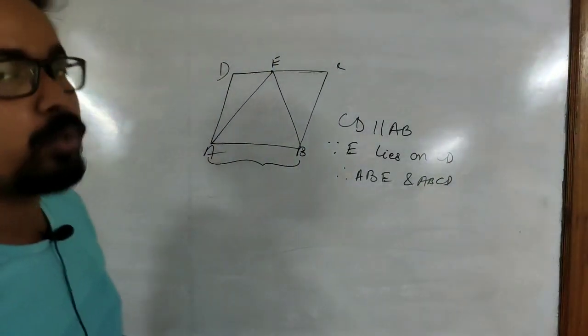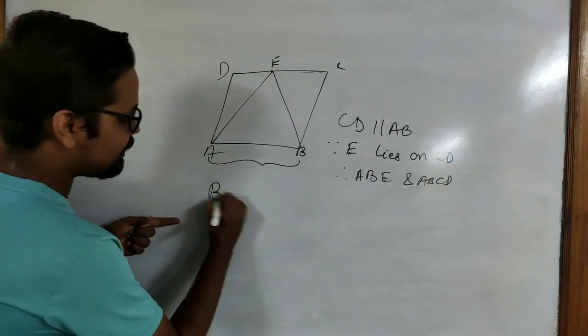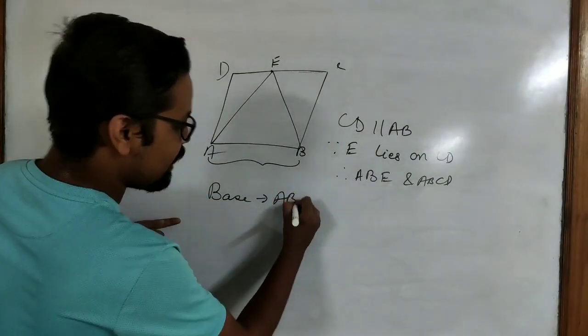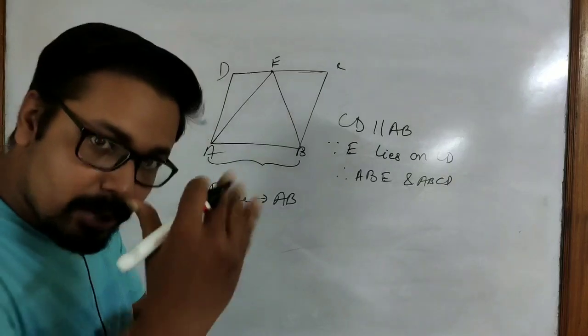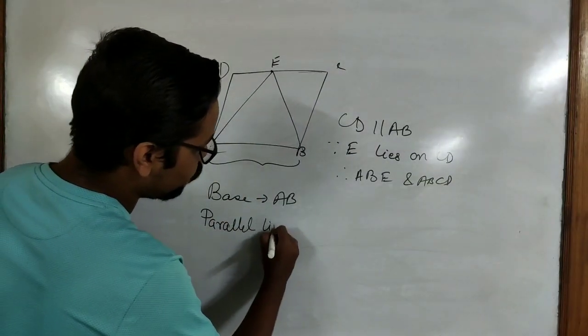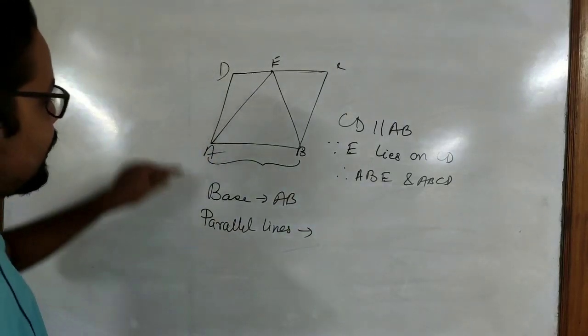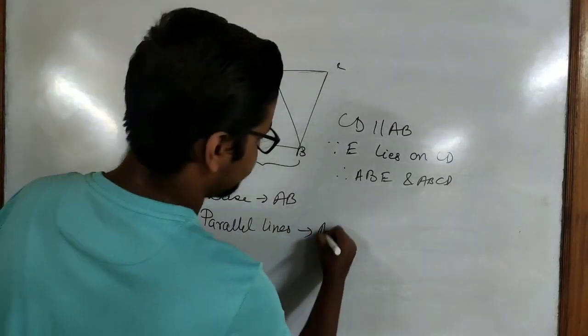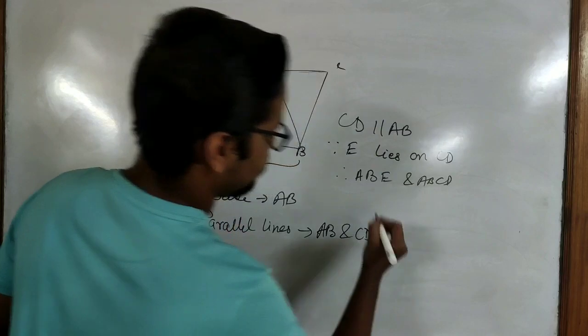Okay, so if you are asked what is the common base, the common base here is AB. And what are the parallel lines in between which they lie? Parallel lines will be AB and CD.